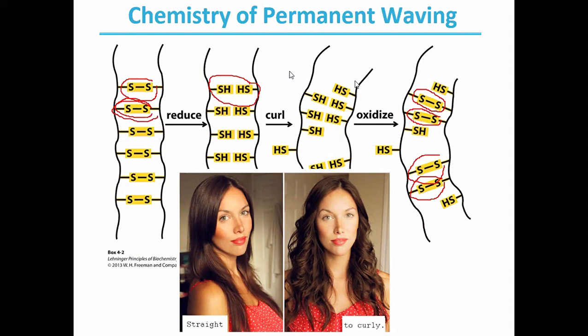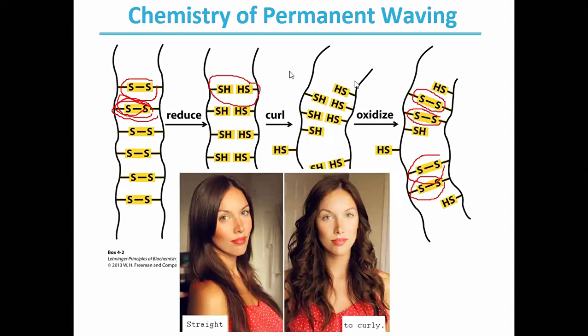I know because I work in the lab a lot using reducing agents, and the smell is horrible. Whenever I walk into a hair salon, I can smell that familiar aroma. I know they use this chemical to reduce the disulfide bond into SH, and then they reoxidize to create a new disulfide bond.